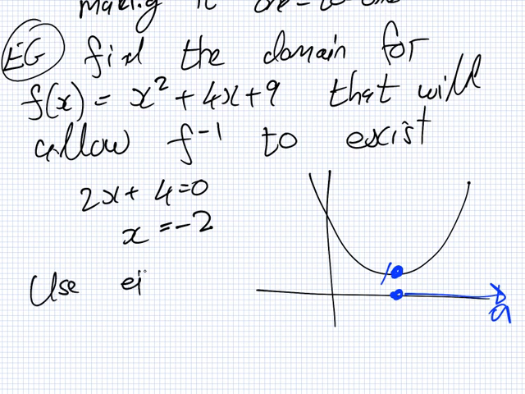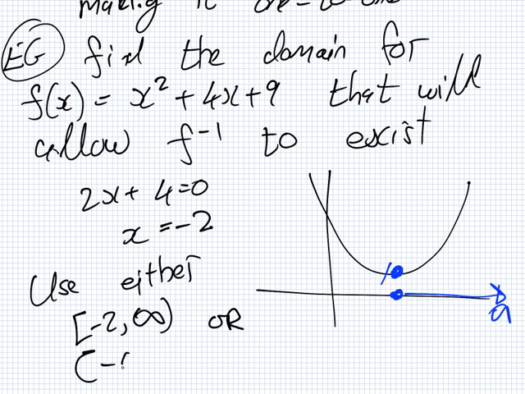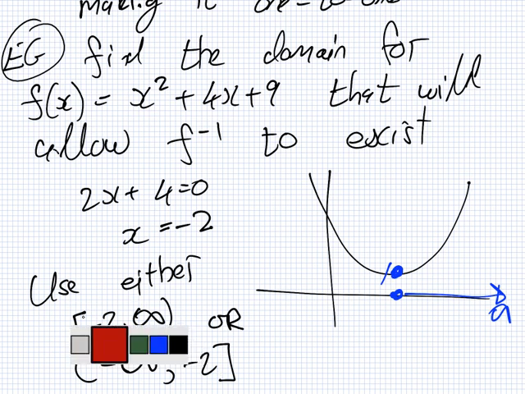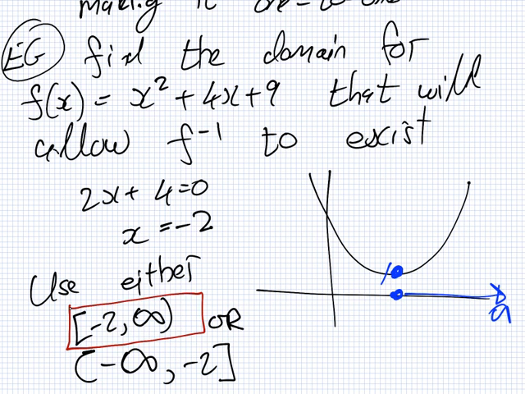Use either this or this. But don't use both. Just pick one of them. In the exam, they will just want you to give one example. So you could say you can use this.